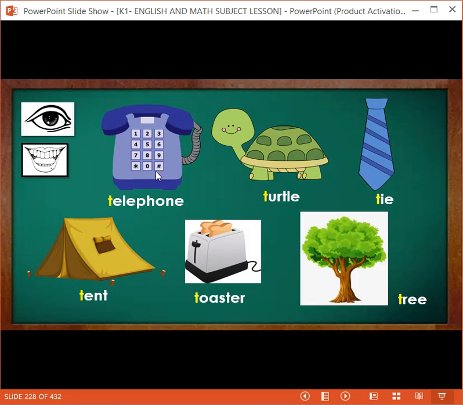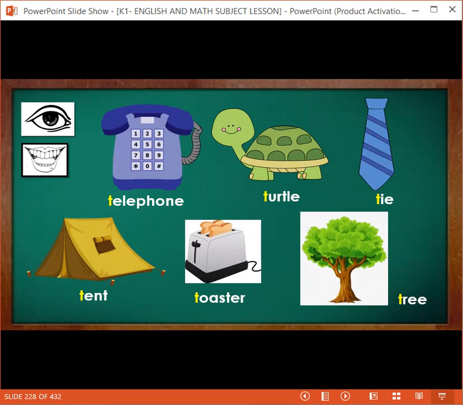The first one, telephone. Telephone. While the other one, turtle. This is a turtle. Turtle begins with letter T. Next one, tie.